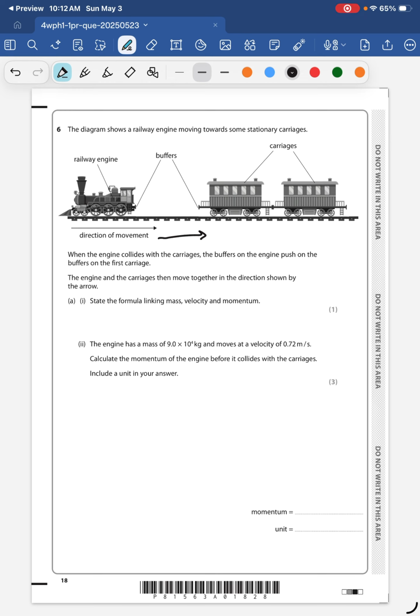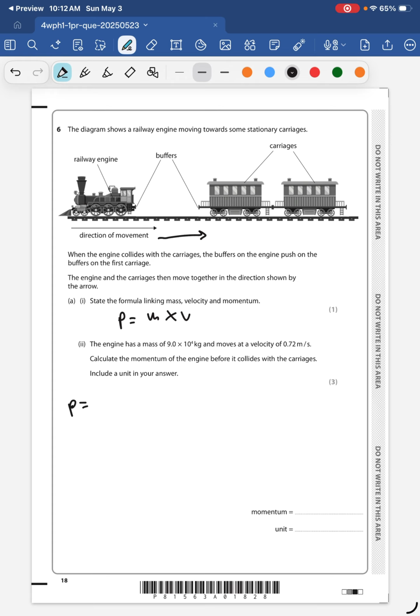State the formula linking mass, velocity, and momentum. So momentum is simply mass times velocity.